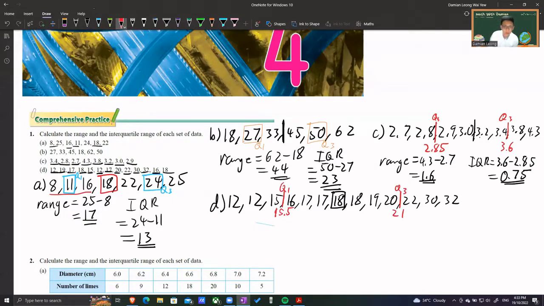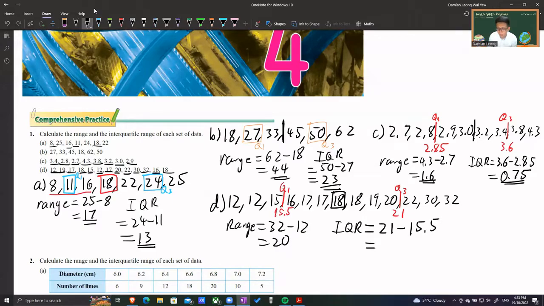That's the third quartile. So the range, highest minus lowest value, 32 minus 12, 20. And the interquartile range, third quartile minus first quartile, 21 minus 15.5, which is 5.5.